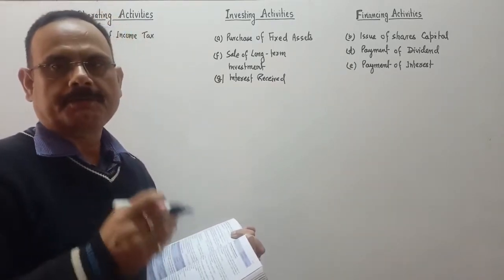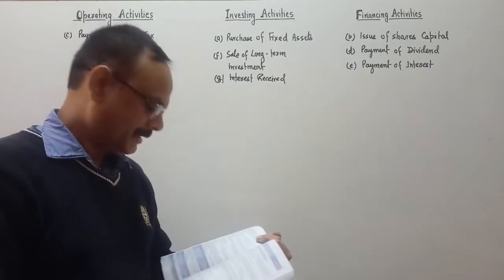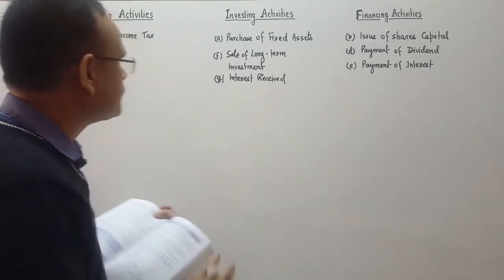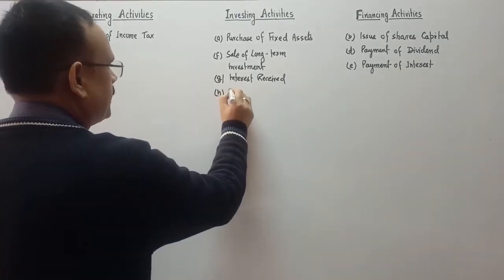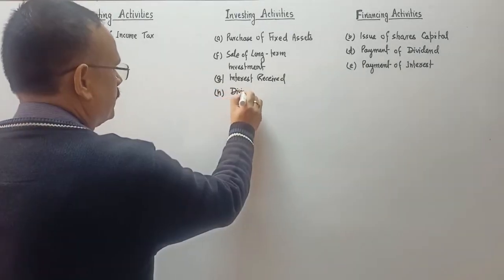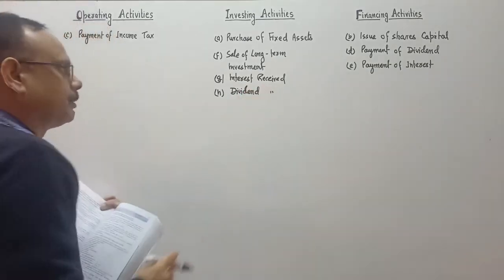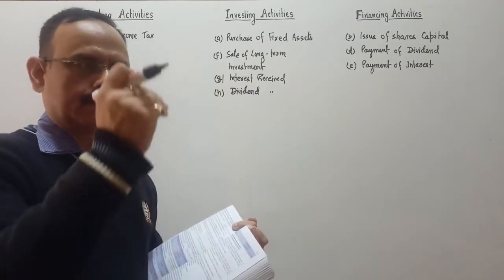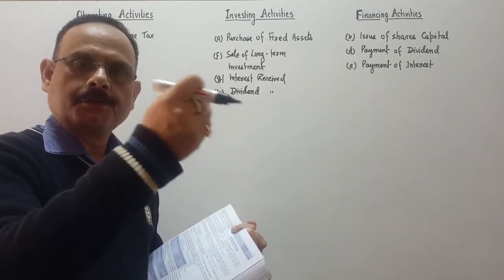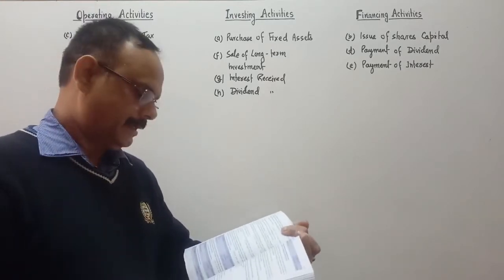It is an inflow of cash and cash equivalent under the investing activities. Dividend received, point H, is also investing activities, an inflow of cash under investing activities.